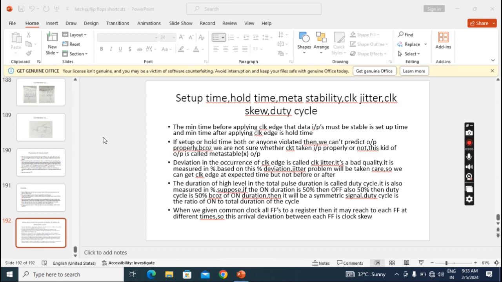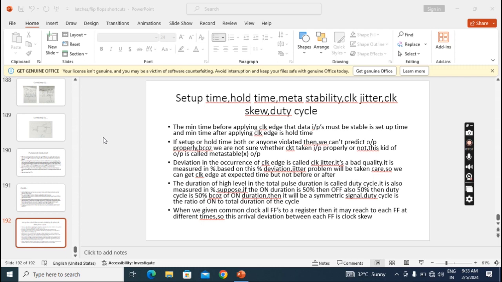So the duty cycle is the percentage of on duration in the total clock cycle. Suppose the duty cycle is 50%, then the on duration is 50% and the remaining 50% is the off duration. Here the on duration is 50% of the whole clock pulse, so it becomes a symmetric clock signal.